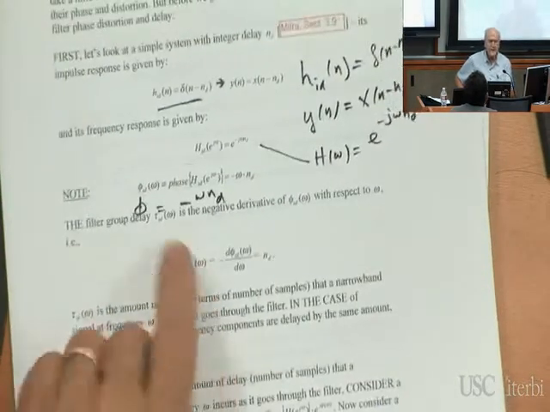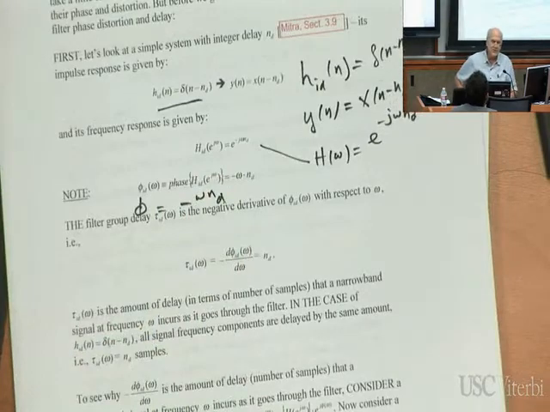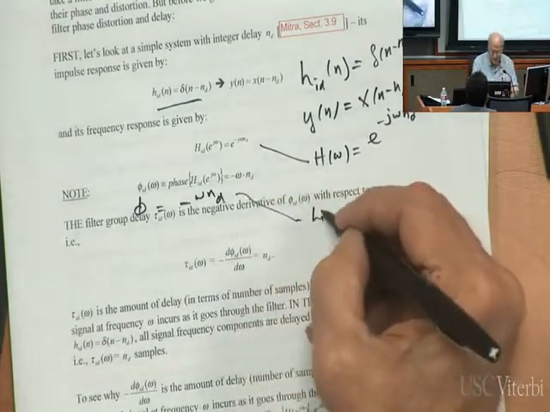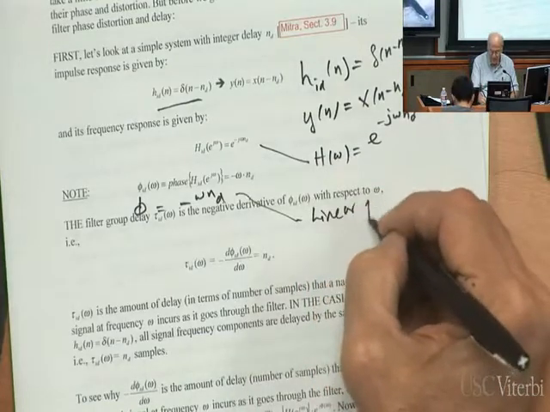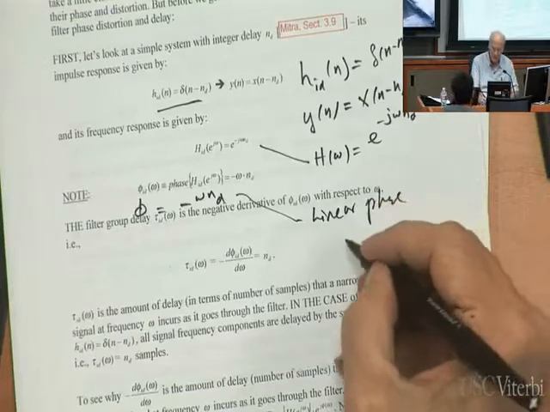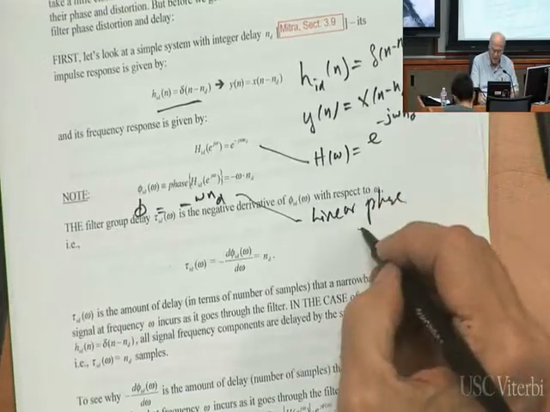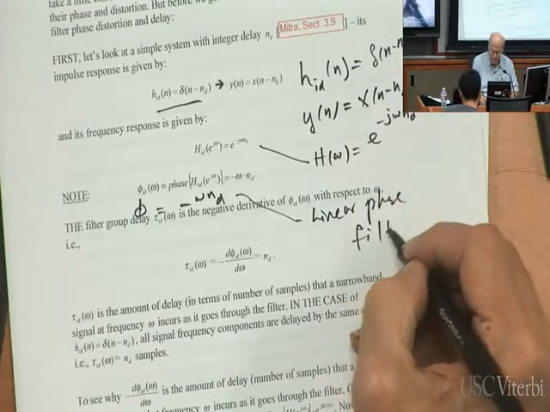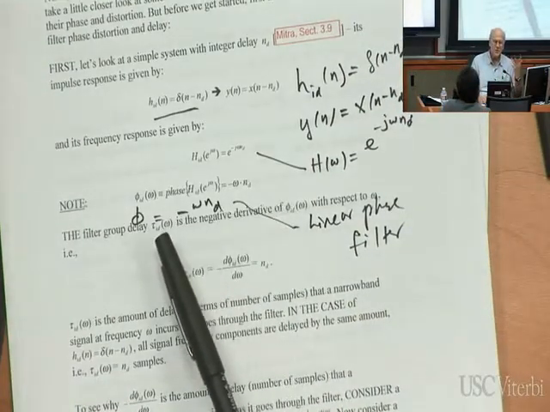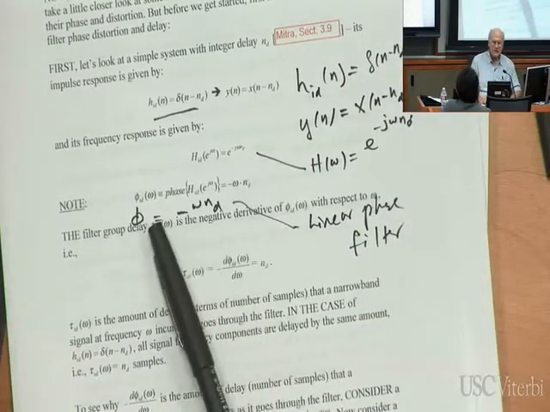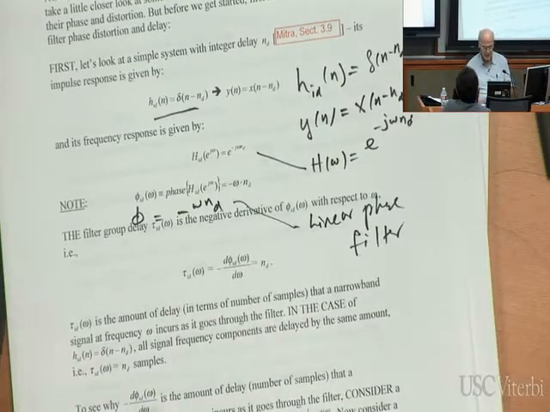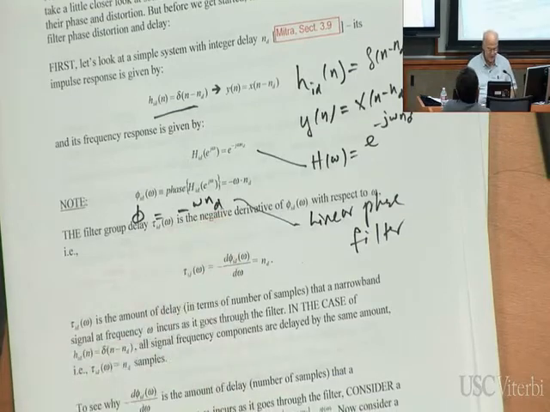You notice one thing, it's linear as a function of frequency. This is an example of a linear phase filter. You'll hear that term used a lot in digital processing. Linear phase filter, okay? By that, I mean that the phase of the filter is a linear function of the frequency, in this case with a slope of minus n_d.